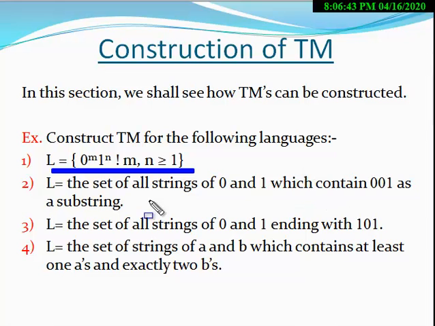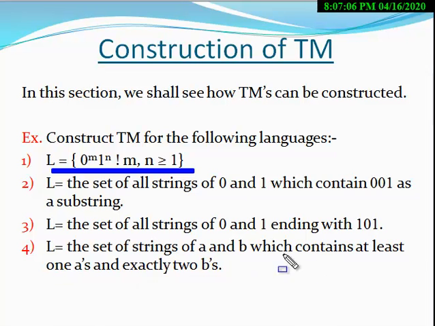Similarly, the second language is also regular. The third language, the set of all strings of 0 and 1 ending with 101, is also regular, right? There is no relation between 0 and 1 mentioned here, so this language is regular. Similarly, the fourth language is also regular.